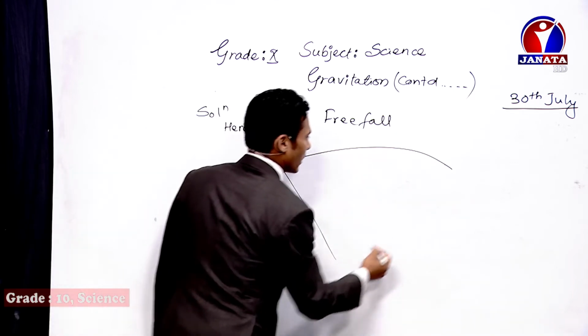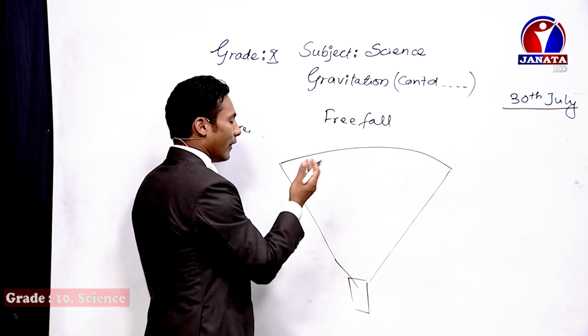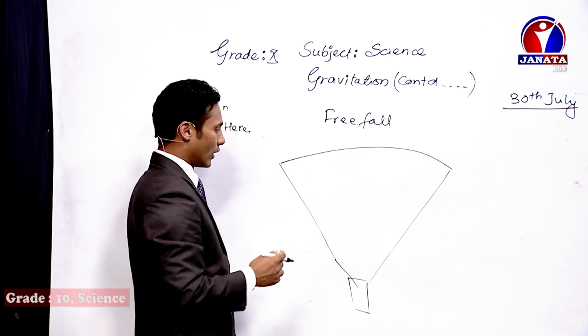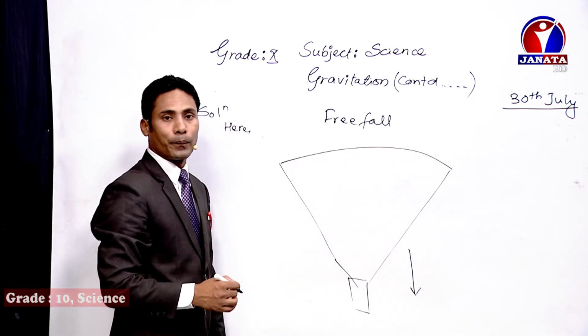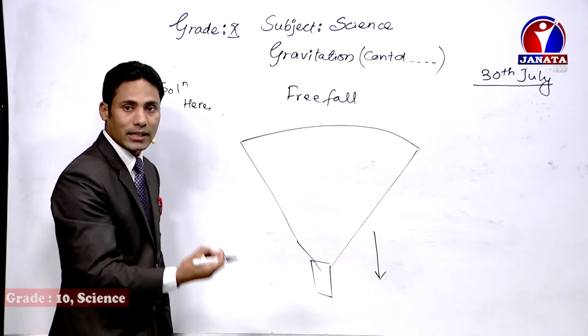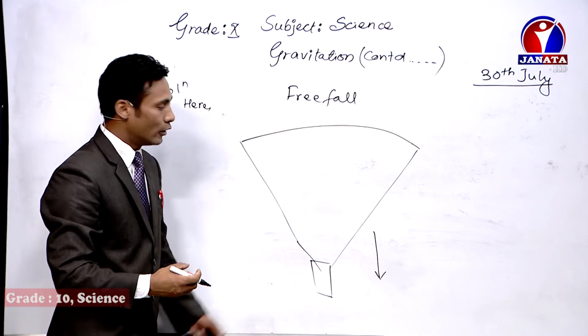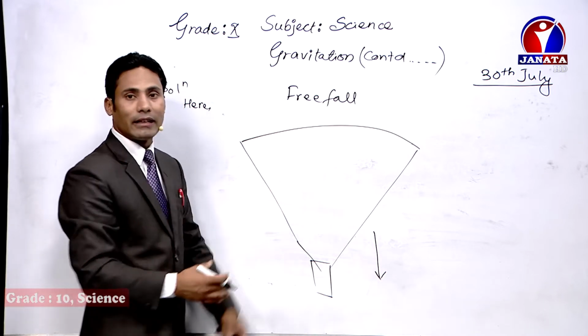Suppose this one is the parachute, right? Then when the object is falling in the downward direction, the weight or gravity acts on it, which pulls the object towards its center. That is the gravity, right? At the same time, the air is present in the atmosphere.